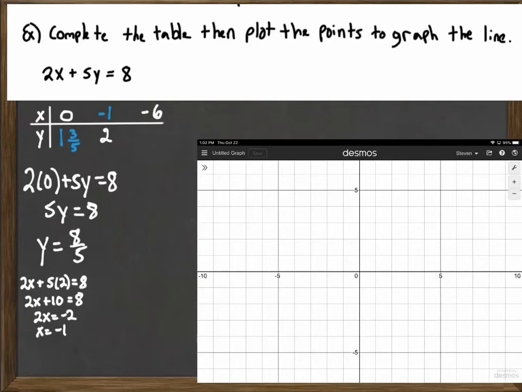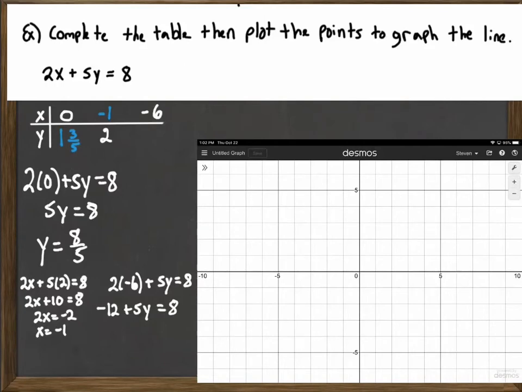And then here we're given a third value that we need to fill out in our chart. So we go into that equation now and replace x with minus 6. So we'll have 2 times minus 6 plus 5y equals 8. 2 times minus 6 will be negative 12. Negative 12 plus 5y equals 8. And so now we need to solve this equation for y.